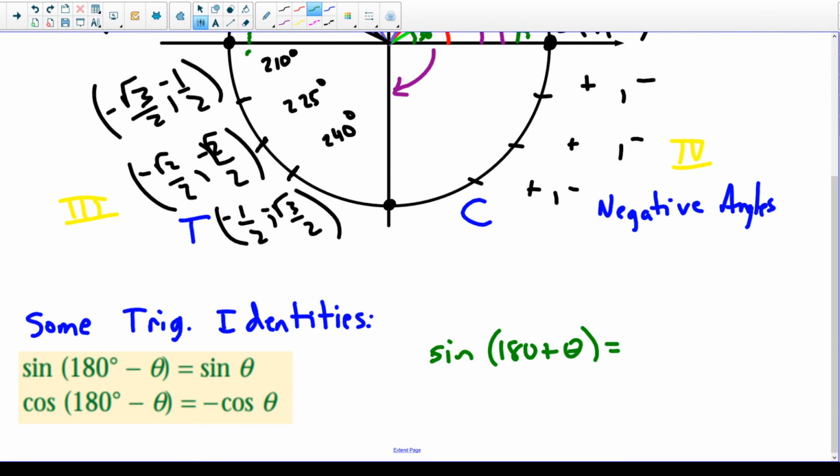Well, the sine value is the height of the triangle in the third quadrant, and we know that the heights in the third quadrant are all negative. So that means if I take the negative of the sine of the related acute angle in the first quadrant, I'm going to get the same answer as if I do the sine of 180 plus theta. And if I do cosine of 180 plus theta, what would that be?